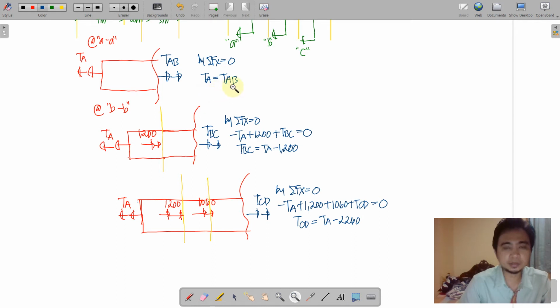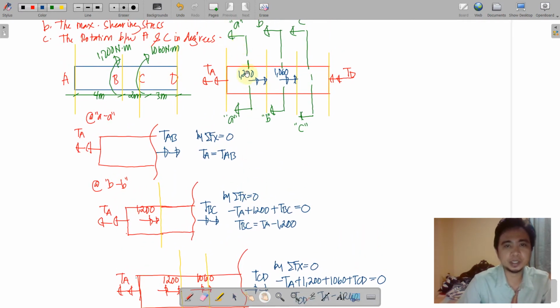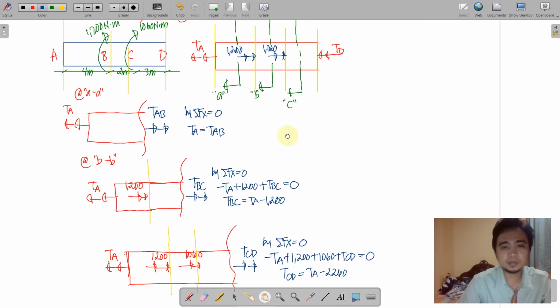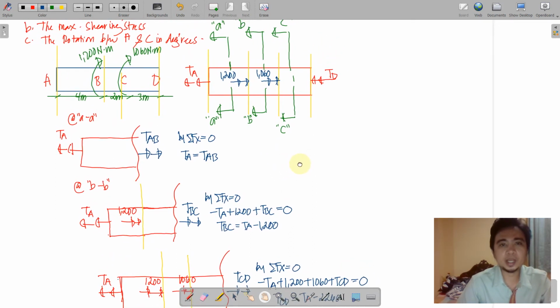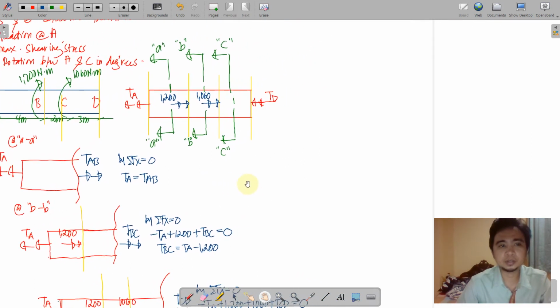So these are now the equations of the torque per segment. If you notice, all of the segment torques are in terms of a single unknown, that is TA. This is actually the effect of having a single portion to consider in your section, all in terms of the left side, which contains TA. So continuing, we now write the rotation equation.